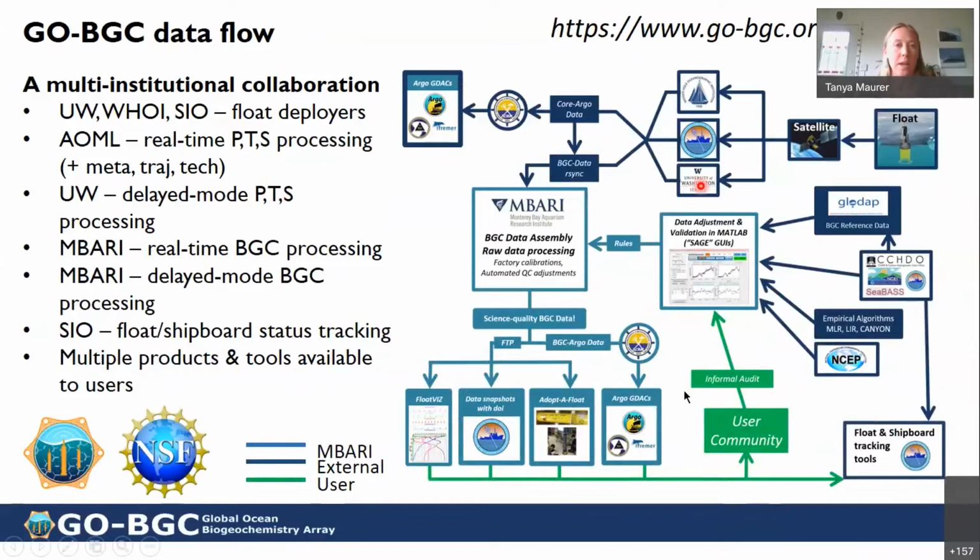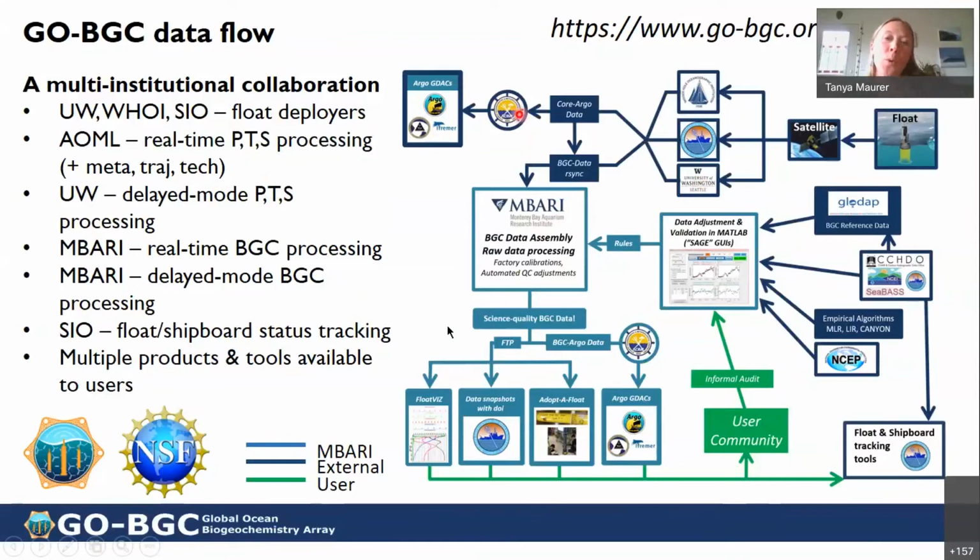We work really closely together, and aside from the products that we serve, there are a lot of additional tools and resources out there for data users. So I encourage you to review the GO-BGC website and look for additional resources like float tracking tools and tables, as well as information on shipboard data.